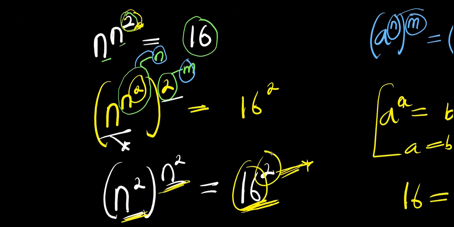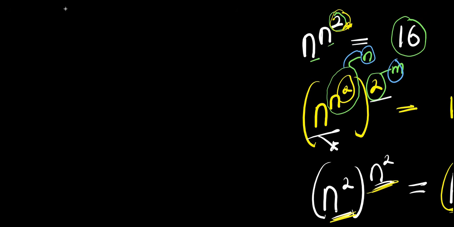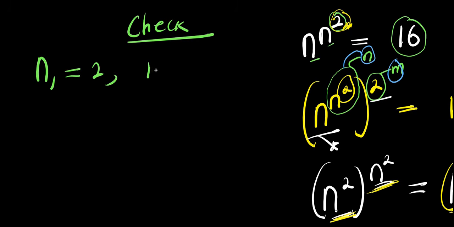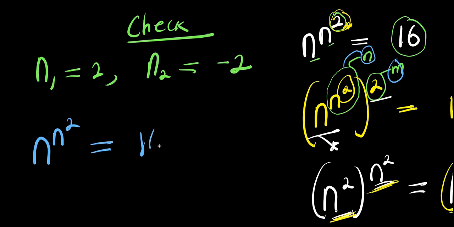Now that we have gotten that, the next thing we are going to do is check if these values truly satisfy the equation. We have n1 equals 2 and n2 equals negative 2. Let's start with n1. So we record the problem: n to the power of n to the power of 2 equals 16.